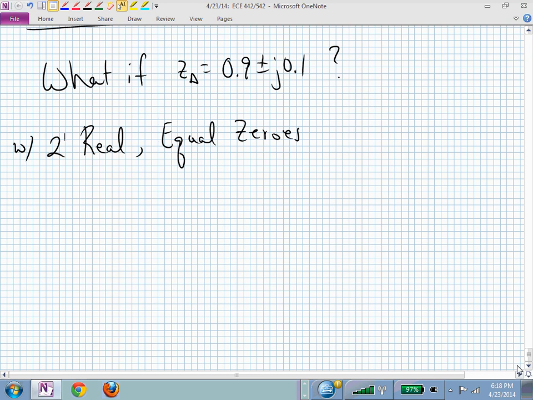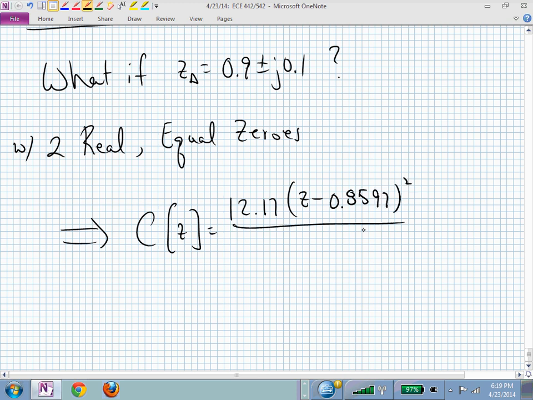It's exactly what we did before. But now, if you follow through that, you end up with a C of z equaling, are you ready to laugh again? 12.17 times z minus 0.8597 squared, because I kept them on top of each other.